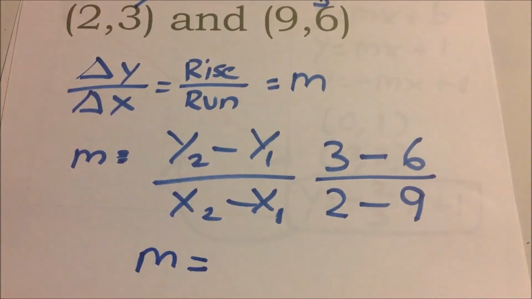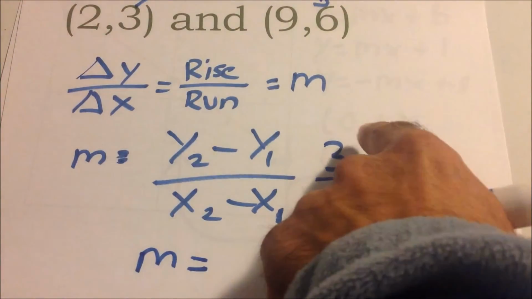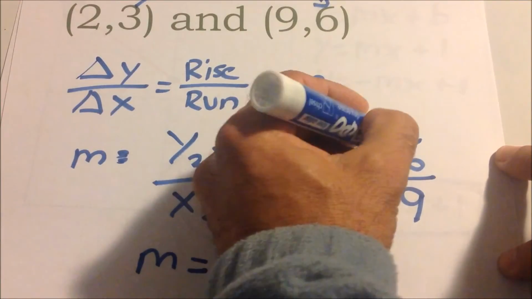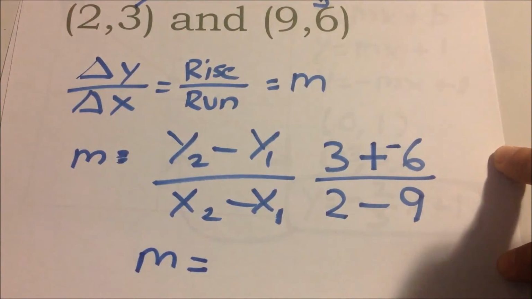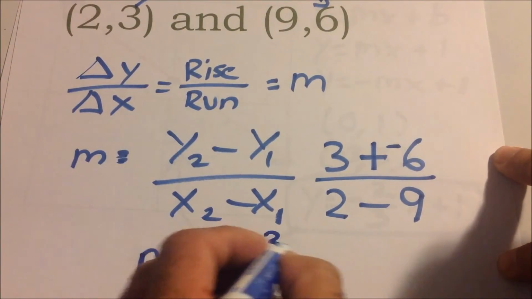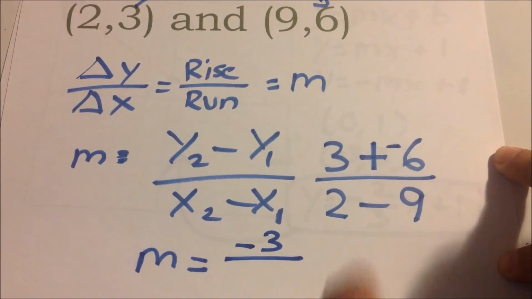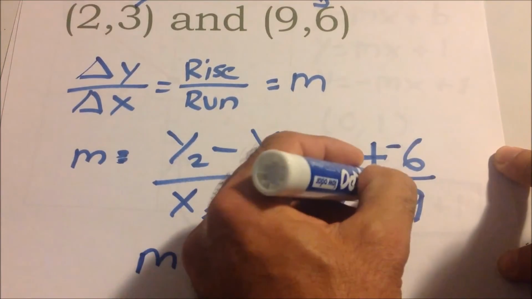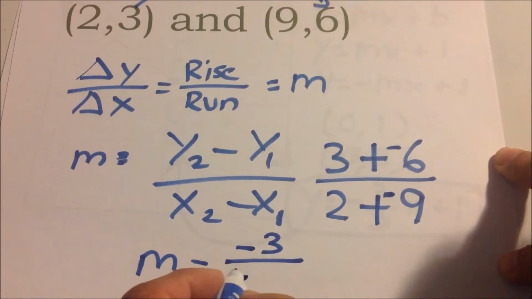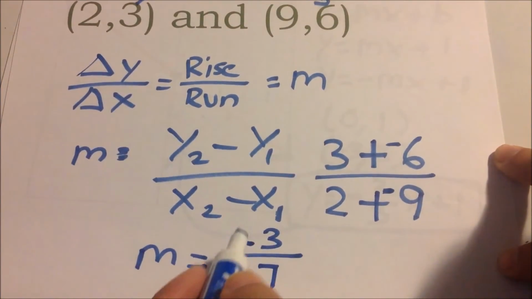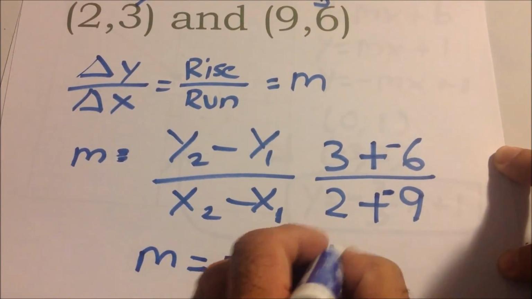Remember, keep change, change. This will be 3 minus, so it would be 3 plus negative 6. That's what that would turn into. So we'll have a negative 3 on top there. And this will be 2 plus negative 9. And we'll have a negative 7 there. Anytime you have a negative and a negative together, you'll get a positive.